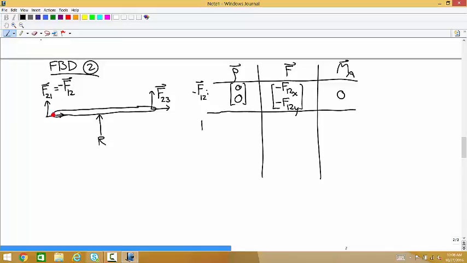The next force is R. What's the row vector for R? Yeah, half of the length, and that's in the positive x direction, so 0.3535, and then 0. And that force vector is 0, R. So take the cross product, and you get positive 0.3535 R.